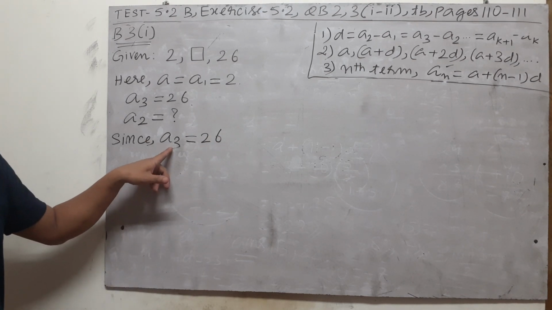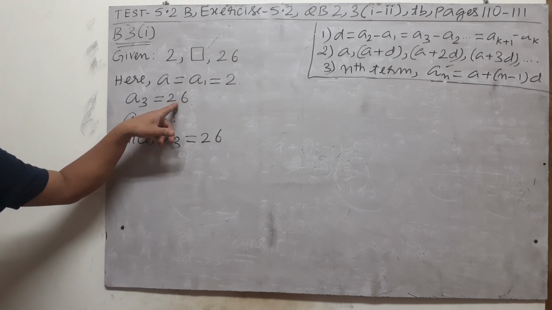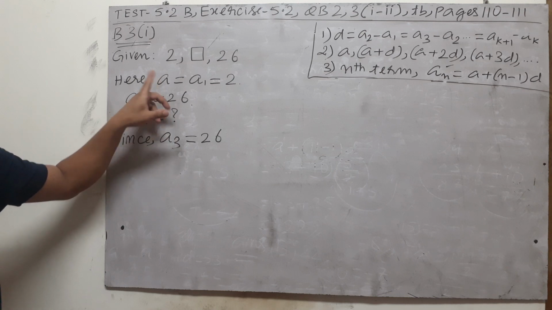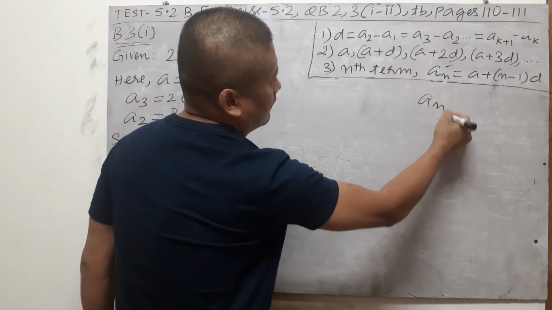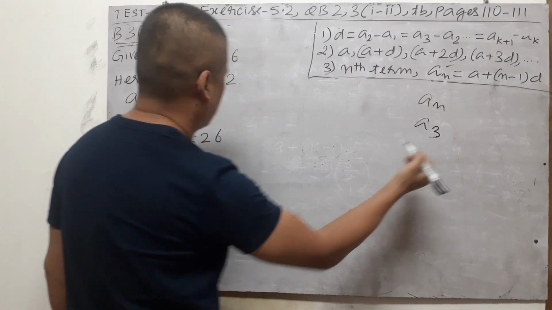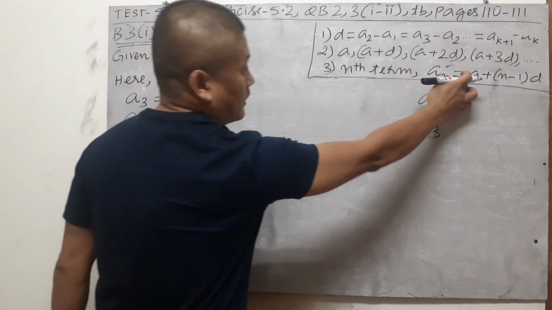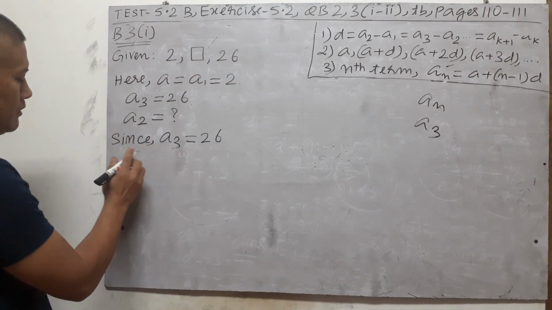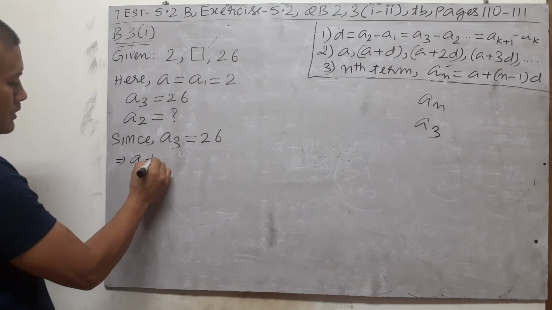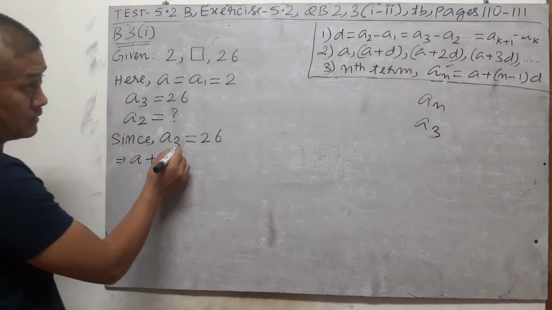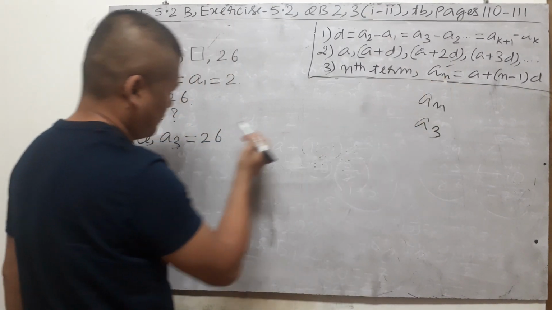We're going to use this A3 equal to 26 to find out D by using this formula. How? Because A3 is like An, the n is 3. So apply this formula, then you're going to get An equal to A plus n minus 1 into D, and your n here, in our specific case, is 3.